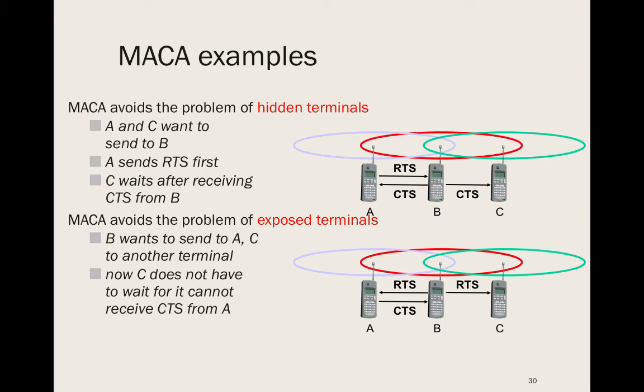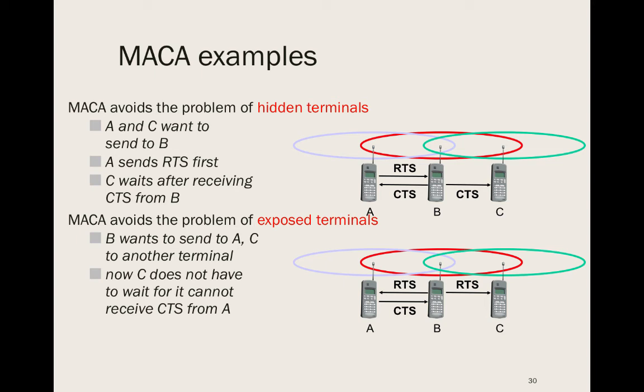MACA is used to overcome the problem of hidden terminals and exposed terminals. If you remember from the example at the beginning of this lecture, in the hidden terminal case, A was hidden from C, so they sent at the same time and a collision happened. Now A and C want to send to B. A sends a request to send first, and C waits after receiving the CTS from B. Since A sent the RTS first, C needs to wait until the channel is clear before it can send data.